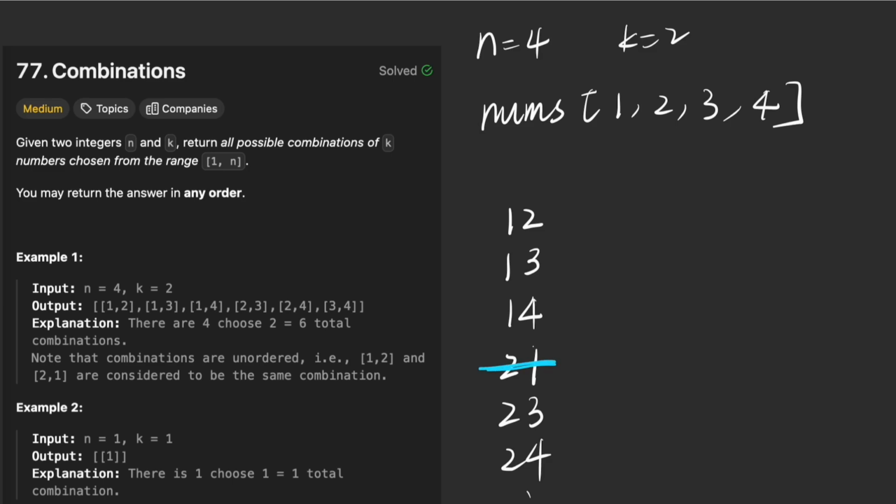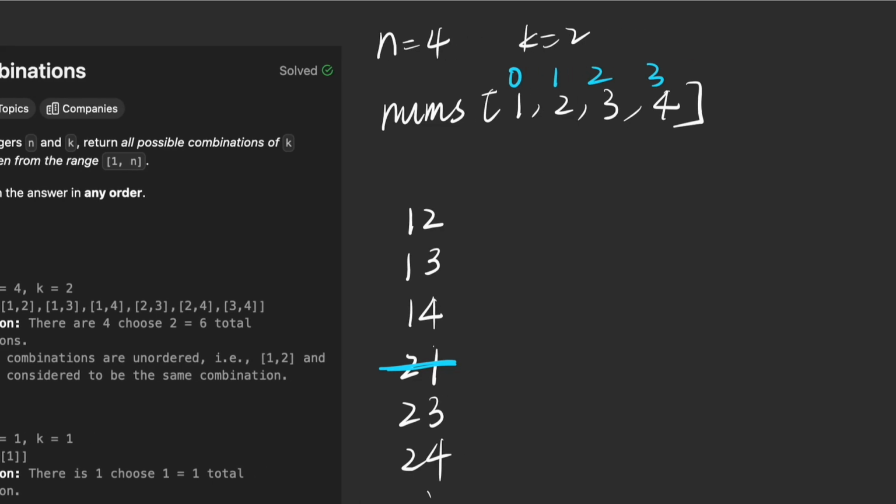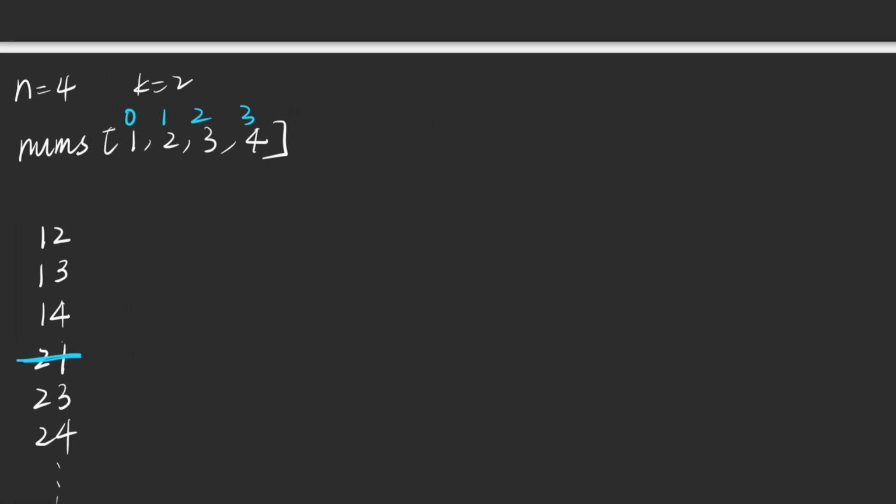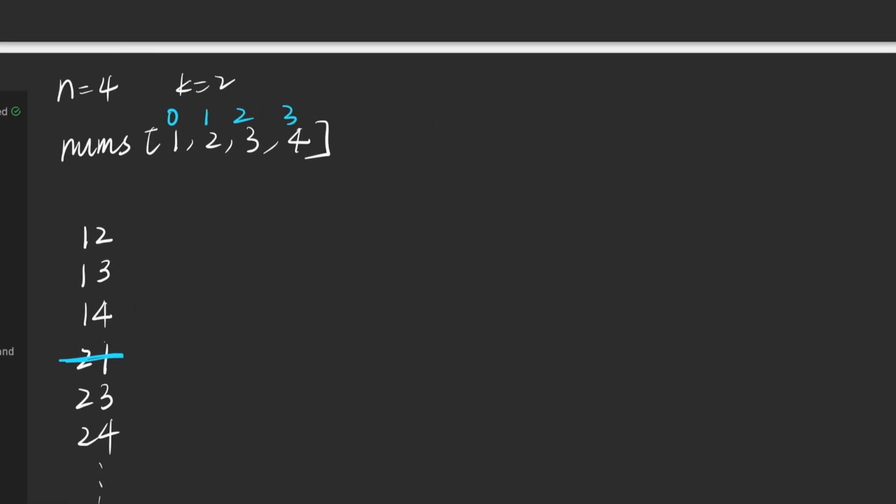Alright, and we can have the numbers with index 1 2 3 4 here, as 0 1 2 3. And now how we construct this number: of course, the first thing in my mind is we definitely have to loop the numbers so that we can pick from these numbers. We definitely have to loop it, starting point.